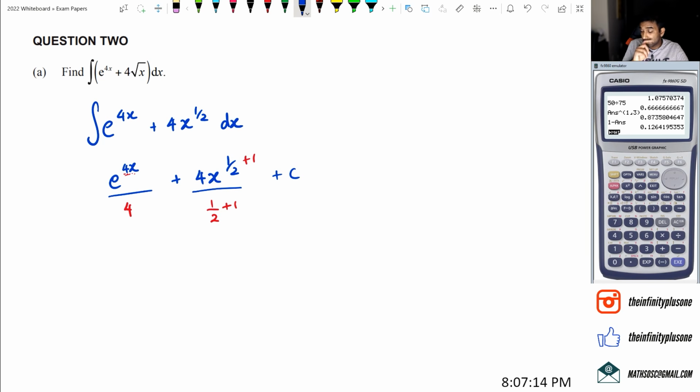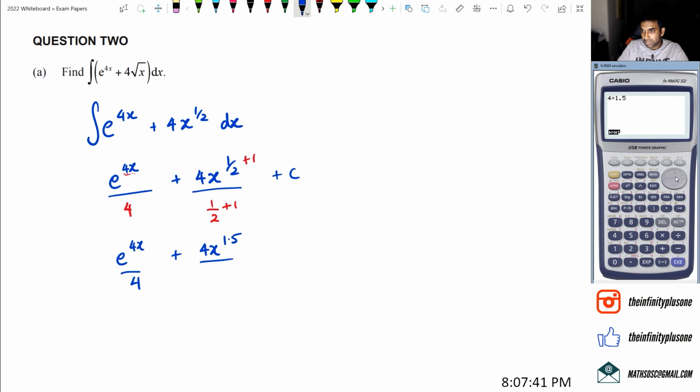Now, if you want to simplify this further: e to the power of 4x over 4 plus 4x to the power of 1.5 divided by 1.5. Well, 4 divided by 1.5, you can do in the calculator straight away, and so we can get rid of that denominator. It is a decimal, but I want to convert that.